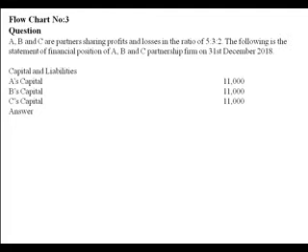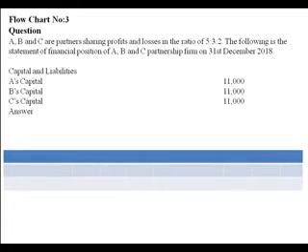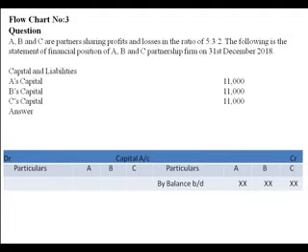To know that, we are preparing capital account, or we have to prepare statement of partners capital. This is the opening capital. Capital nature is credit, so it should be entered on the credit side of capital account. Opening capital we write as by balance brought down. This is where we are completing capital and liabilities.